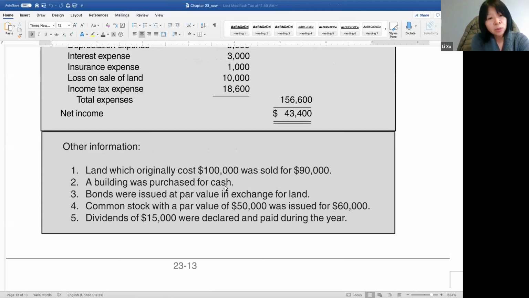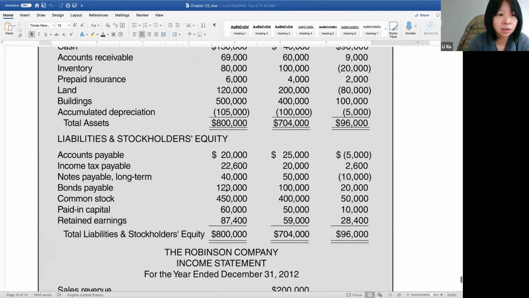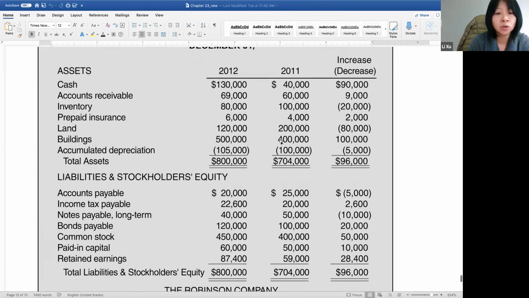And in that way, if that's the only transaction you have, everything was financed by cash, so you can actually just look at this increase in building. So building used to be 400,000, now it's 500,000. So an increase of 100,000. We know this increase is 100% paid by cash. Therefore, that's what you want to put here.